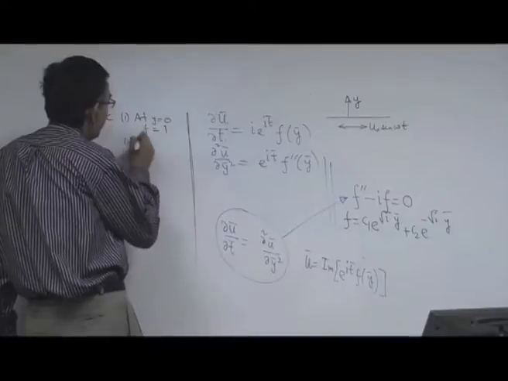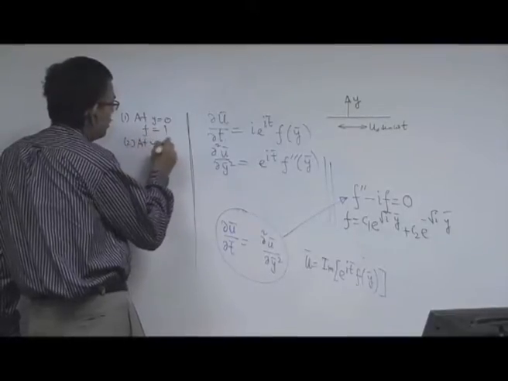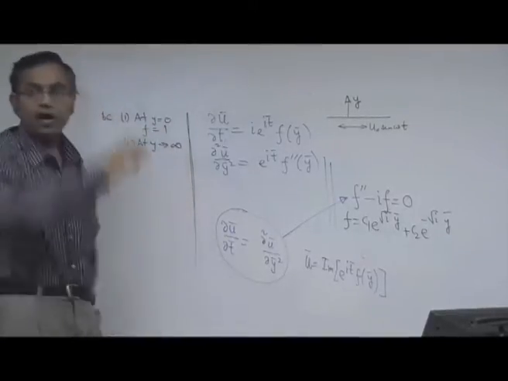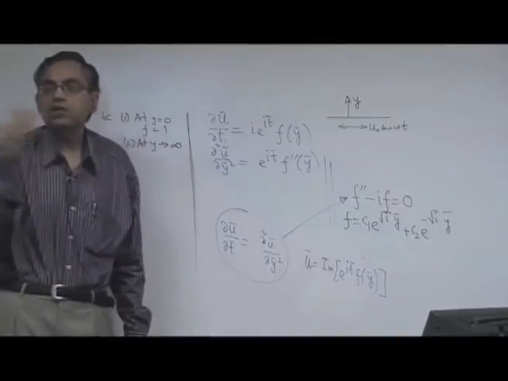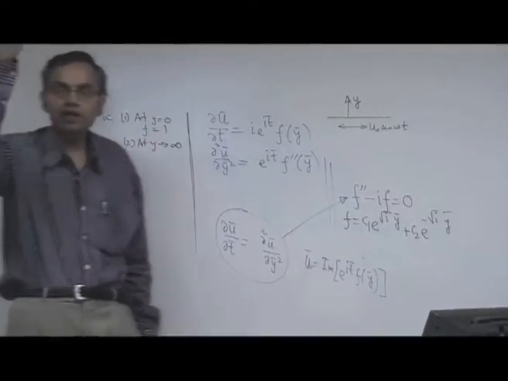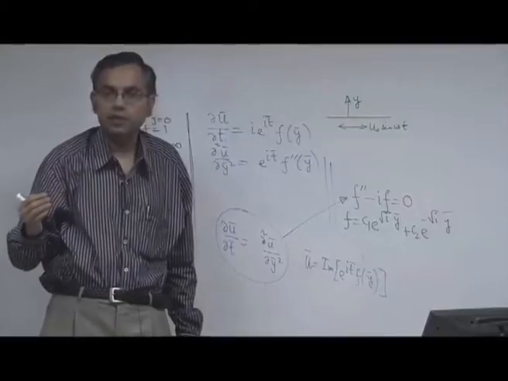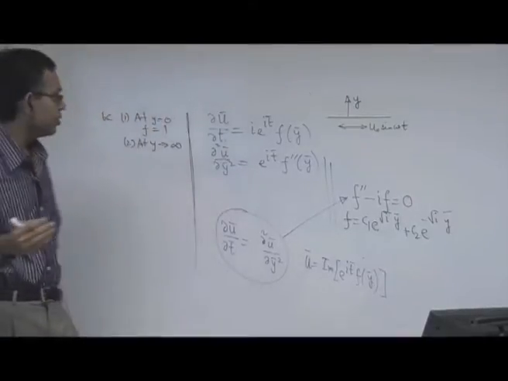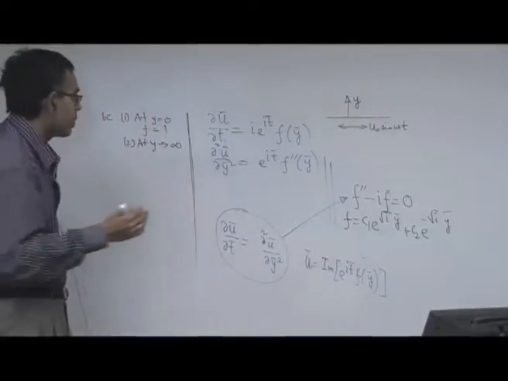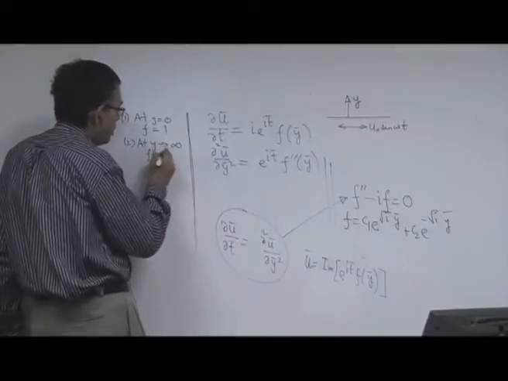And at y tends to infinity, far away from the plate there is no velocity, because far away from the plate the fluid does not feel the effect of the plate. So, at y tends to infinity f will tend to 0.